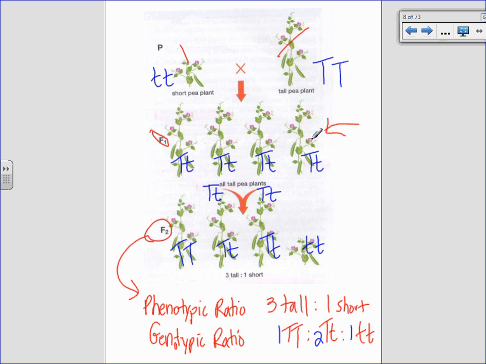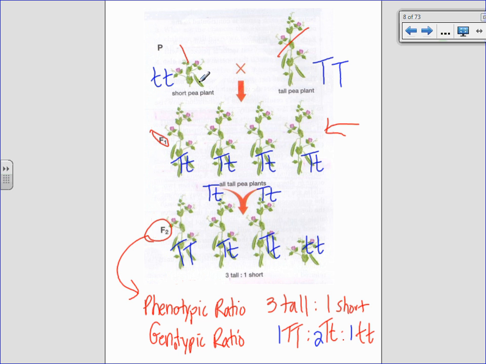It's the only one that's being seen. So we said that must be the dominant trait, and short seems to be the recessive trait. So we used letters to represent them. The big letters represent the dominant trait, and the little letters represent the recessive trait.